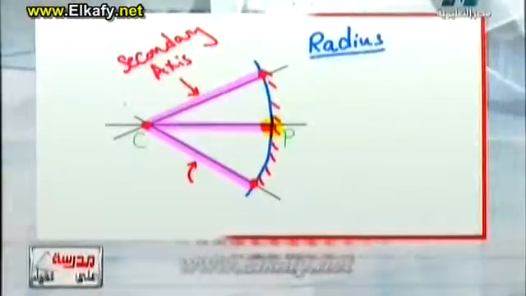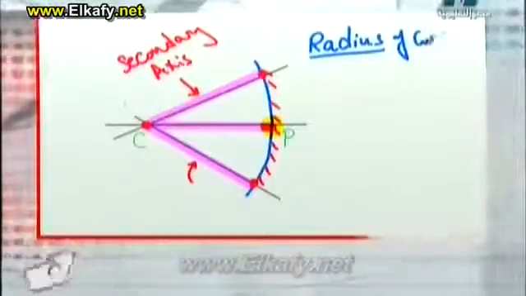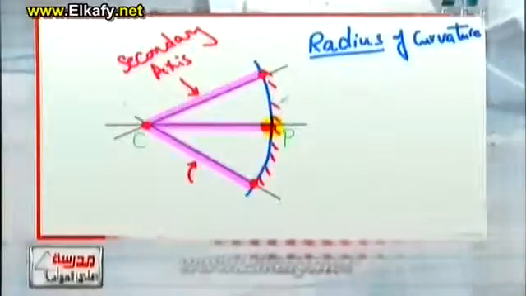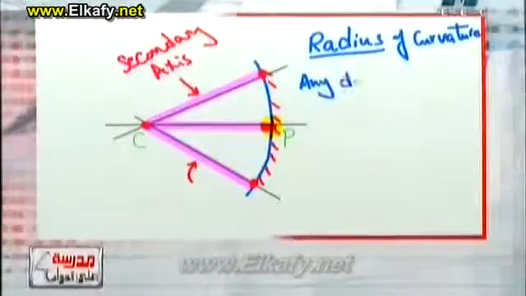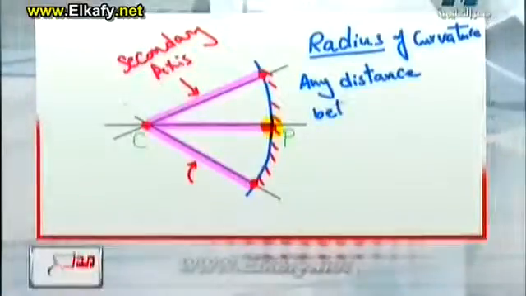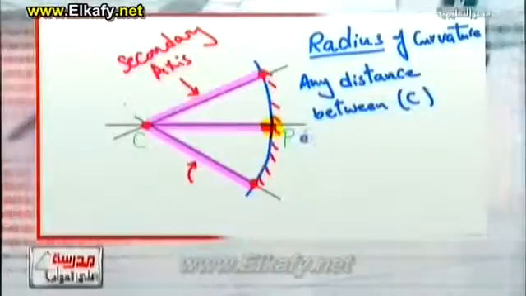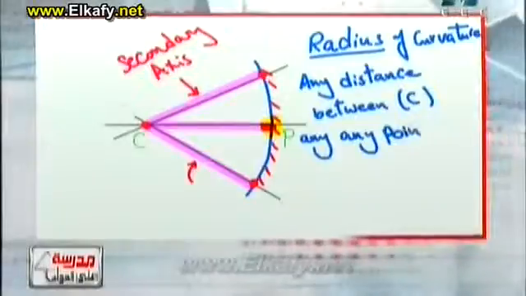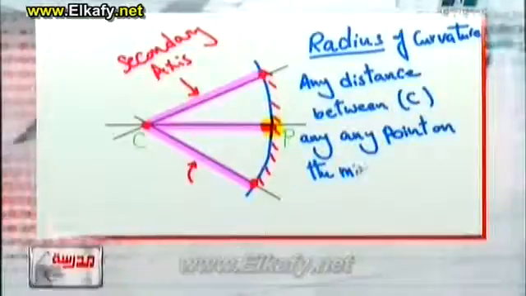So what is meant by radius of curvature? It is any distance between the center of curvature and any point on the reflecting surface, or on the mirror.